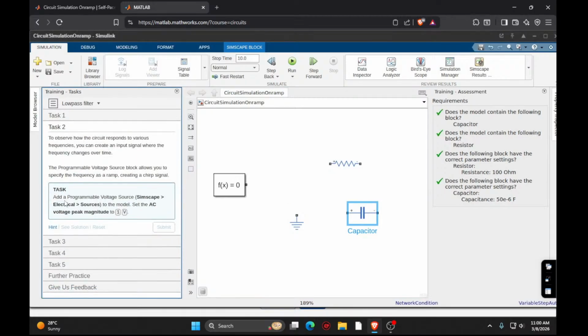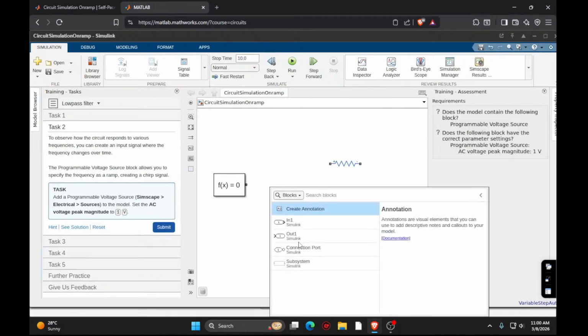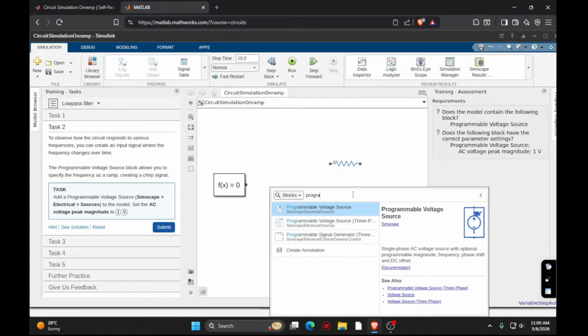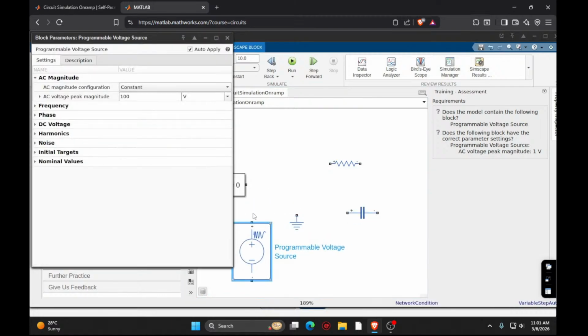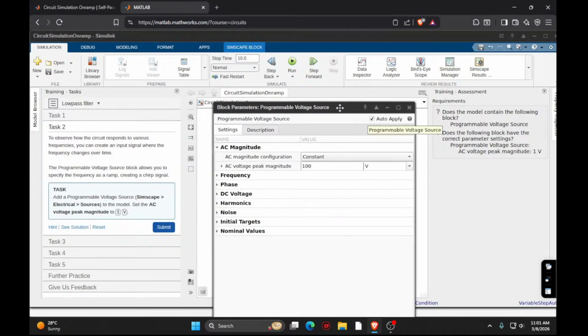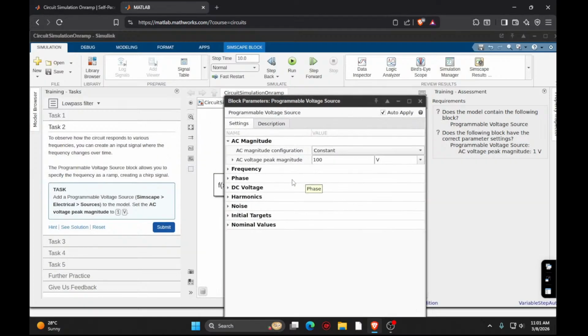Next, add a programmable voltage source from the electrical source library, and set the AC peak magnitude to 1 volt.